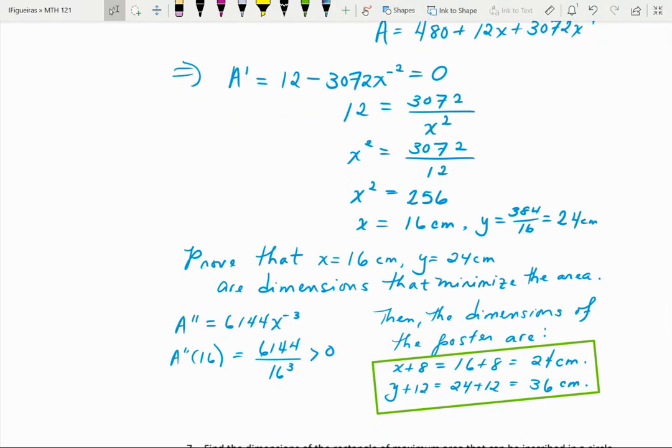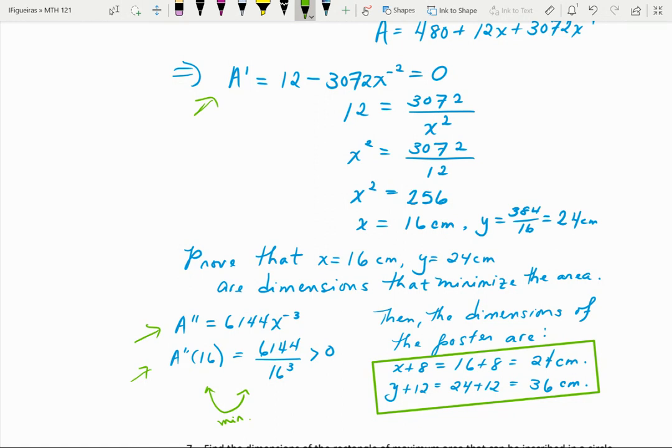We're going to take a double prime. So here's the first derivative. The second derivative becomes 6,144 x to the negative 3. When you substitute 16 in for the second derivative, you get a positive result. And so positive means concave up. Concave up means that you have a minimum.